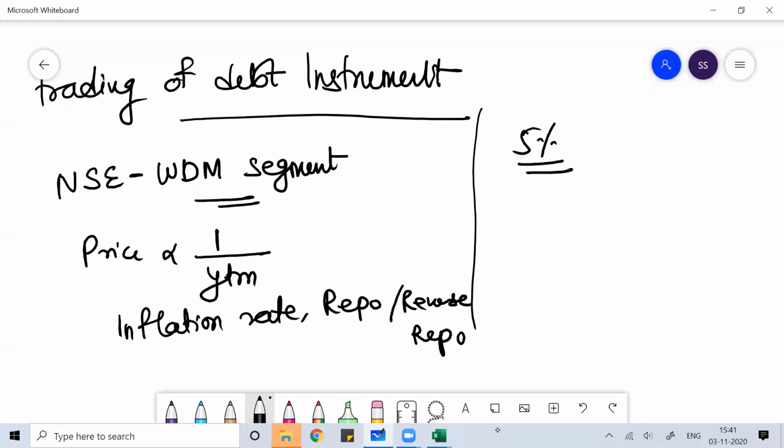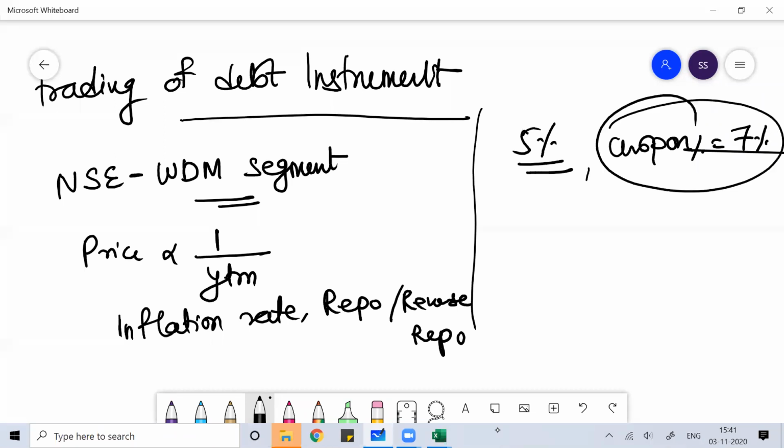Wherever you think of investing in the current scenario, you will hardly get 5% interest in an FD or any other risk-free instrument. Imagine there's a debt instrument which has promised a coupon of maybe 7%. Automatically there will be demand for this debt instrument, because everyone in the market is giving you 5% interest rate, and this debt instrument has promised the investor a 7% coupon.